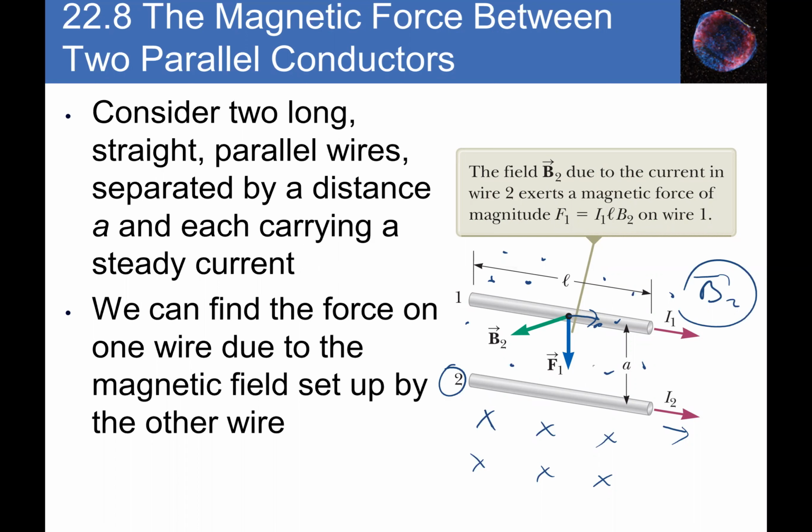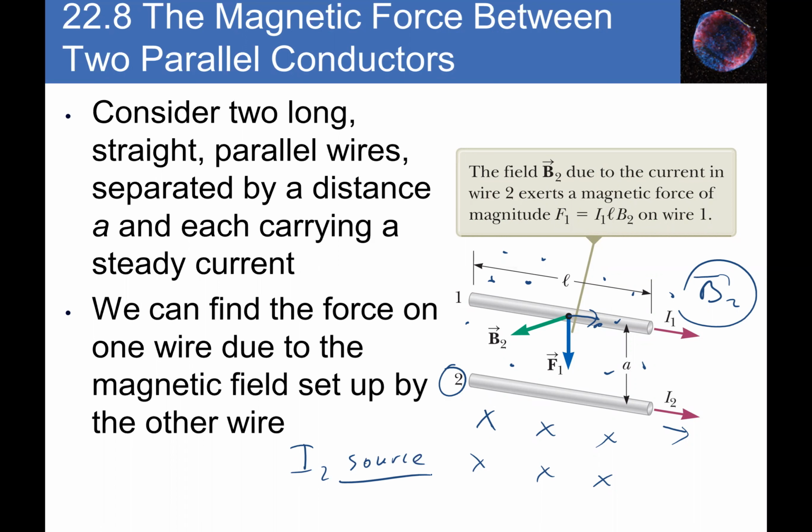That means we are looking at two concepts here. The magnetic field generated by wire 2 exerts a force on wire 1. I'm taking wire 2 as my source: the current 2 in wire 2 is my source, which generates the magnetic field.